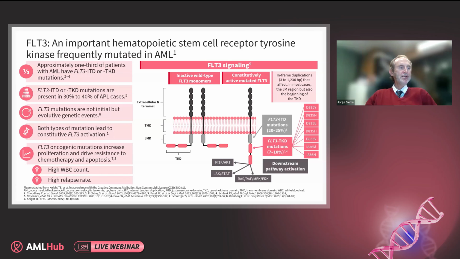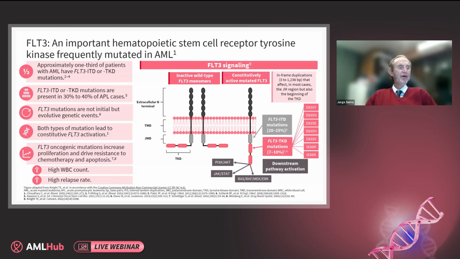On the right, you can see that one type is the internal tandem duplication of 3 to hundreds of nucleotides, and this accounts for approximately 25% of cases.